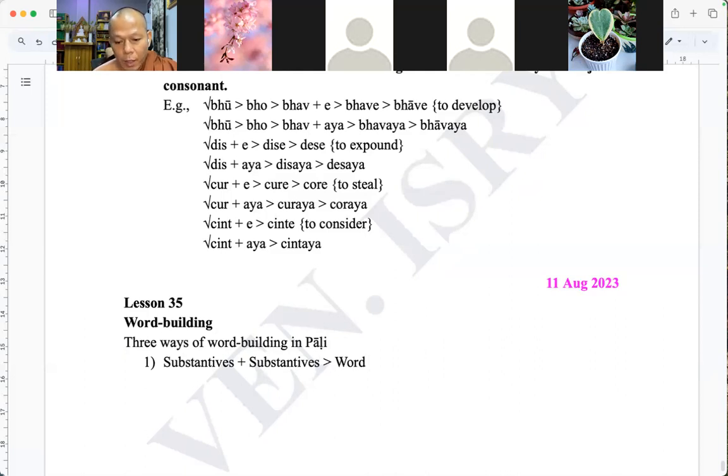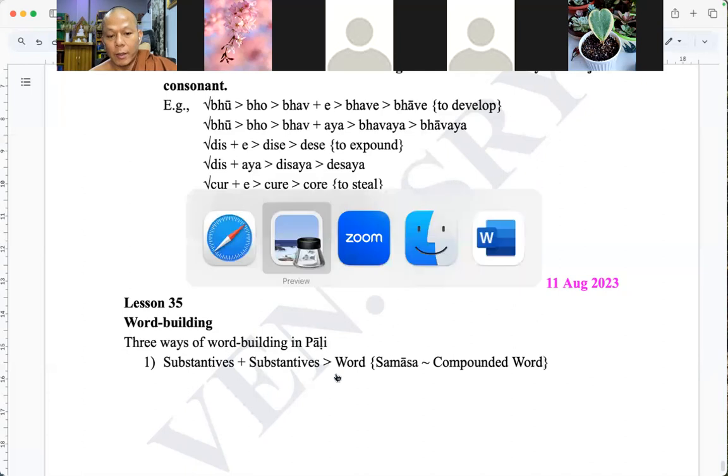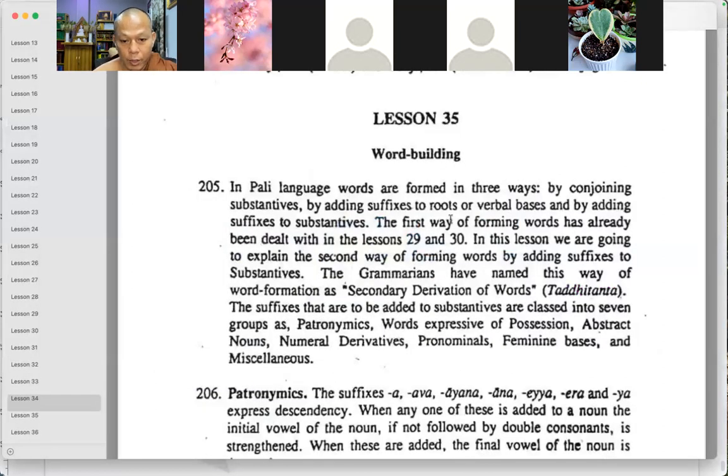That is actually samasa, compounded words, which we already learned in lessons 29 and 30. So the first way of forming words has already been dealt with in lessons 29 and 30. In this lesson, we are going to explain the second way of word building.